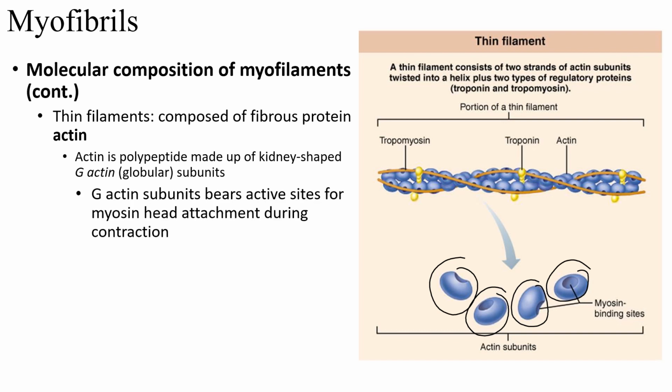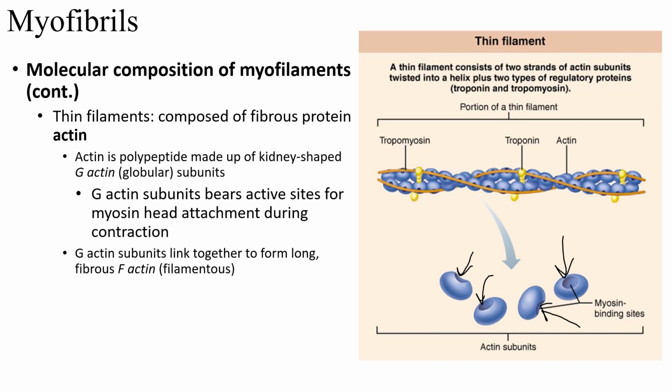Okay, the G-actin subunits have these sites on their heads. If we look at these sites right here, these are where they're going to bind to the myosin heads. So myosin and actin are going to join and cause the actual contraction.